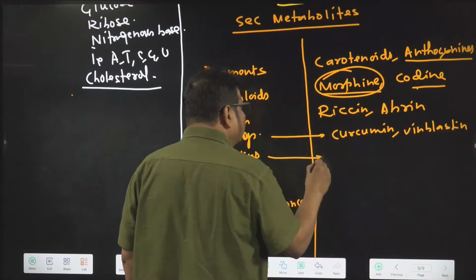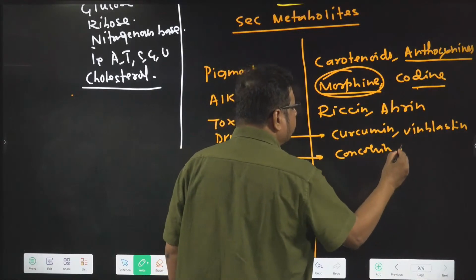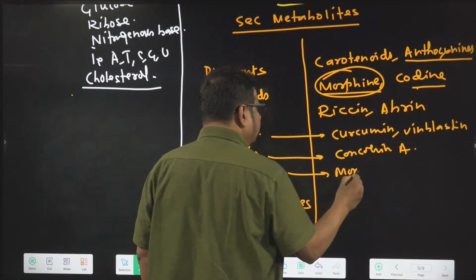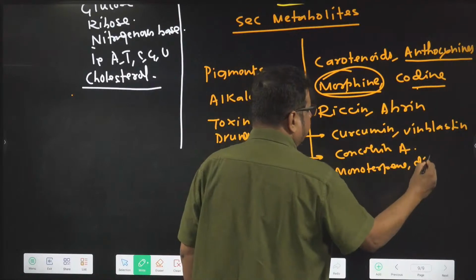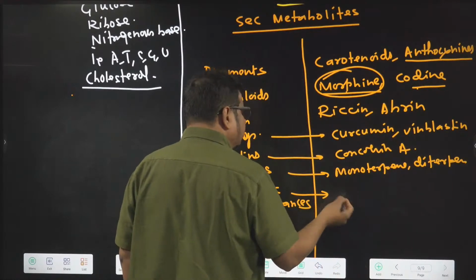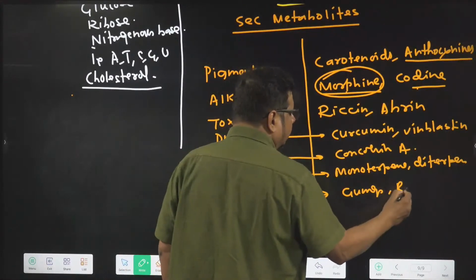In lectins, who is coming? Concanavalin A. Terpenes: monoterpene, diterpene. Another list is polymeric substances. Who is there? Gums, rubber.